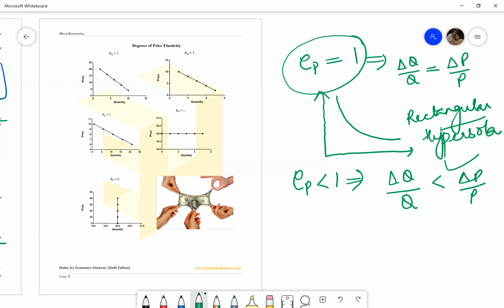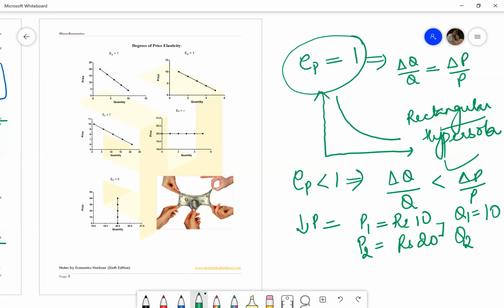I'll give you a basic example. Say the initial price was rupees 10, and now the new increased price is rupees 20, so it has increased by double. The initial quantity demanded was say 10, but the new quantity demanded is say 7.